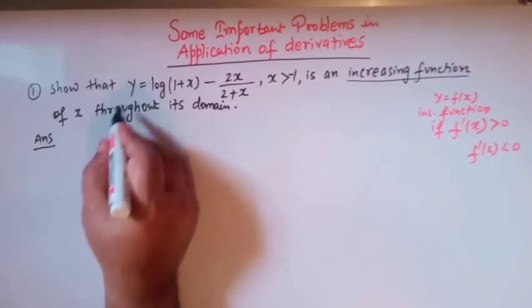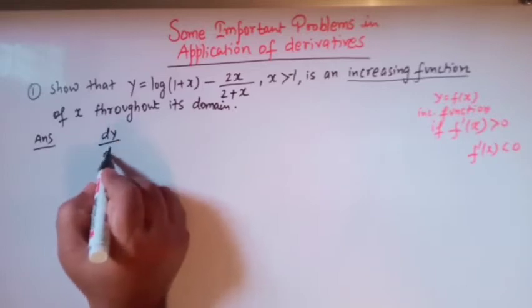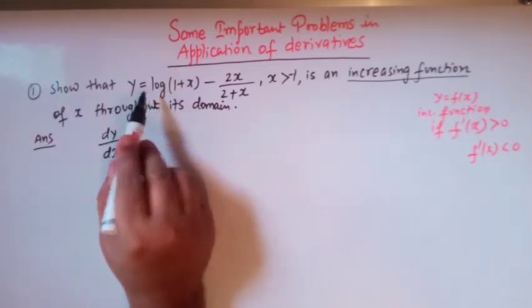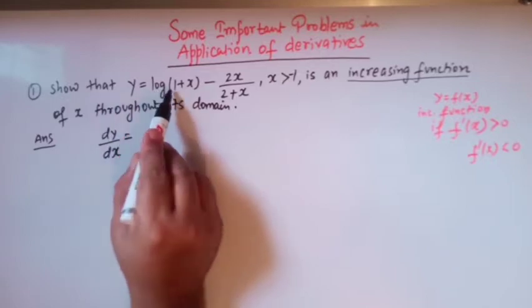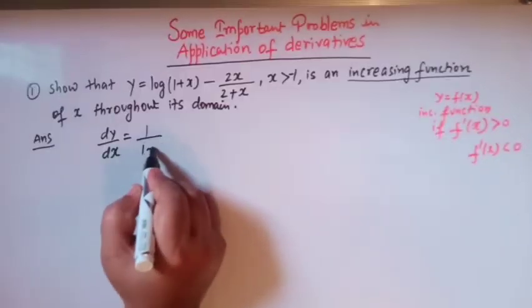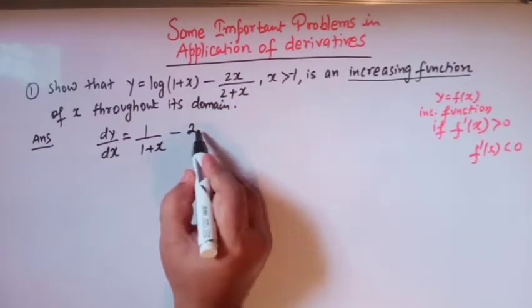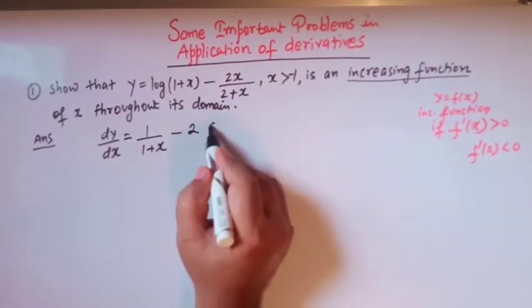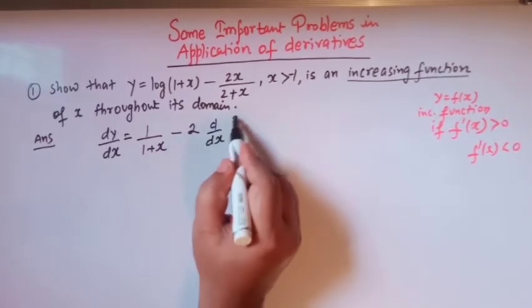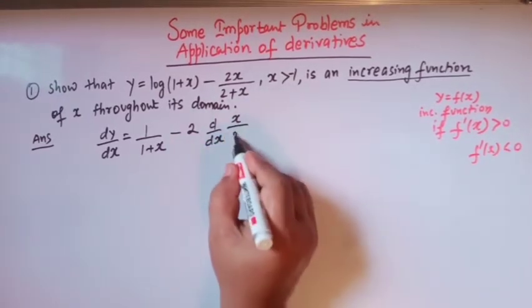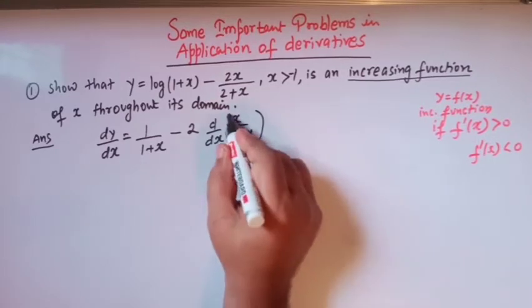So what we will do, we will find the derivative. So dy over dx is the derivative of log(1 + x), which is 1 over 1 + x, and then we have minus the derivative of this function, that is 2x over 2 + x, right?